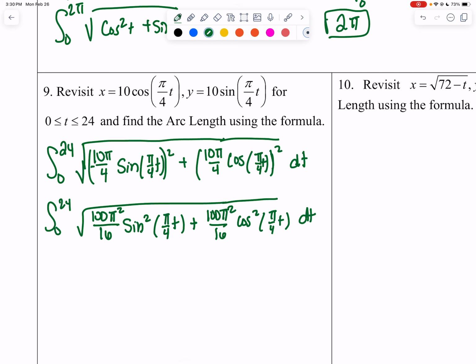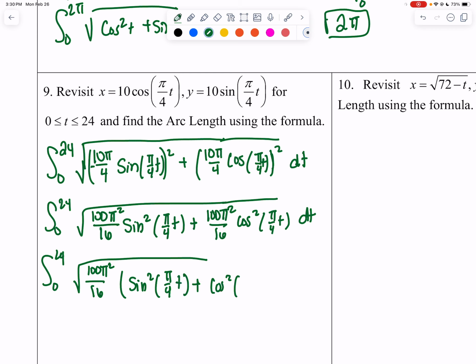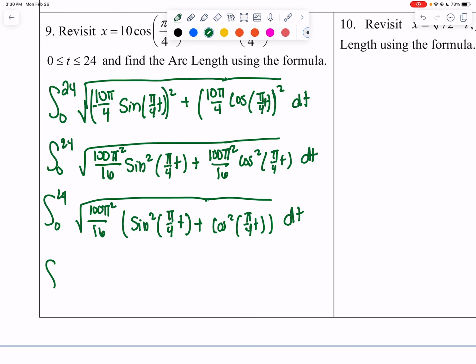If I factor out the 100 pi squared over 16, I'm going to get sine squared of pi over 4 t plus cosine squared of pi over 4 t. And guess what? That's just going to be 1. So now I'm just left with the integral from 0 to 24 of 10 pi over 4, me simplifying that, dt. I could even simplify that some more to get 5 pi over 2.